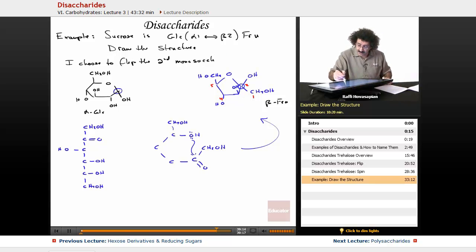Now, when I flip this, here's what it's going to look like. I'm going to do that in red. So the flipped fructose, I'm going to flip it. Well, the arrangement that way actually stays the same, but of course the substituents look different.